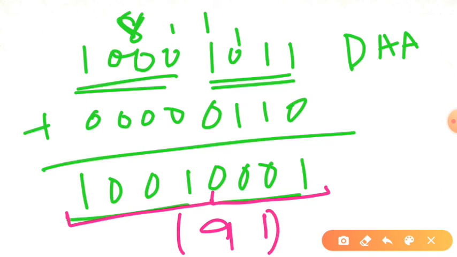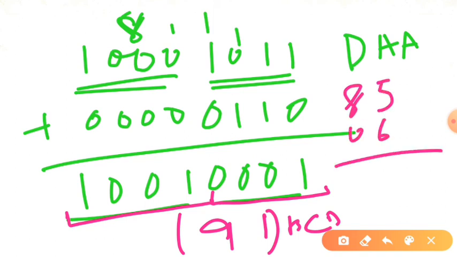So right now the result becomes 91 in BCD. This is what we should have originally after adding the two BCD numbers 85 and 06. So right now we are obtaining the correct addition of these two BCD numbers.